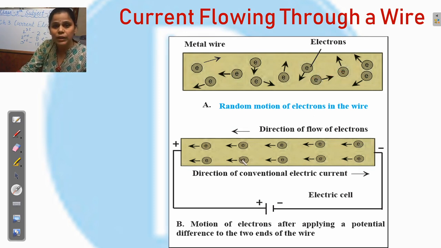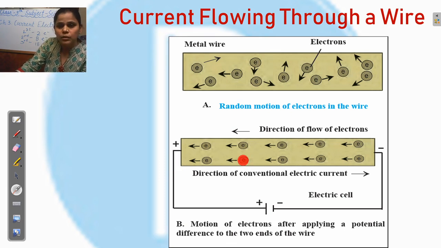But if we connect this conducting wire to the cell, then what happens? The electrical force is applied on these electrons, and the electrons move in a particular direction. They move from the negative terminal to the positive terminal. Negative to positive. It's clear.